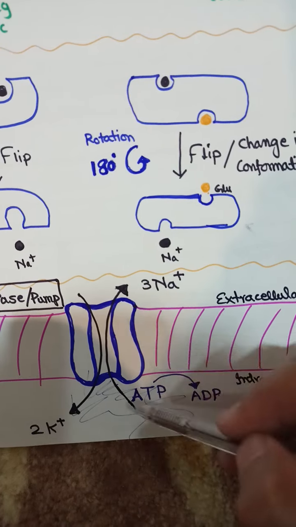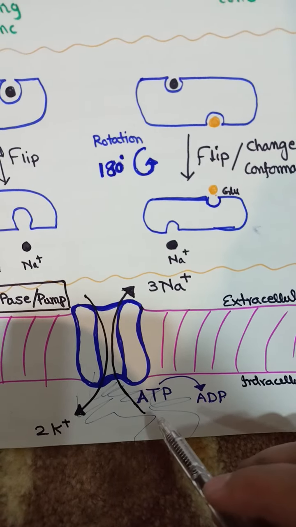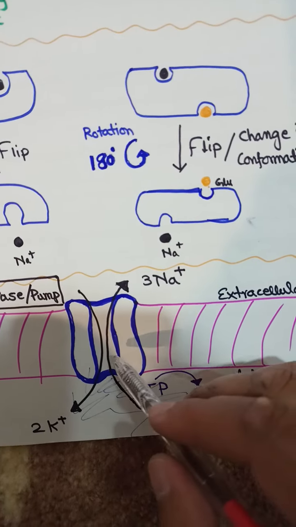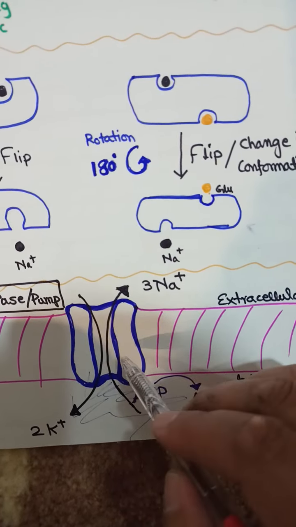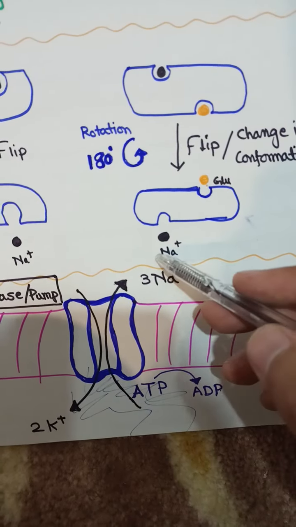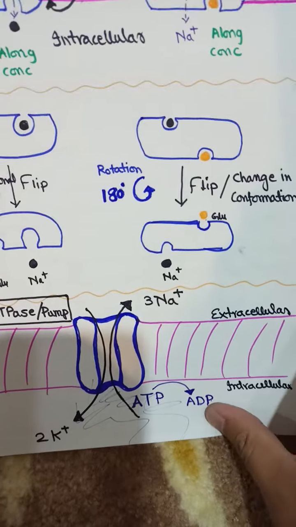So it is an example of an antiport, but it is ATP dependent. The ATP provides energy to this protein, and this protein transports 3 sodium ions outside and 2 potassium ions inside the cell.